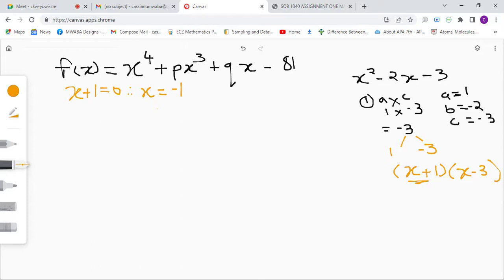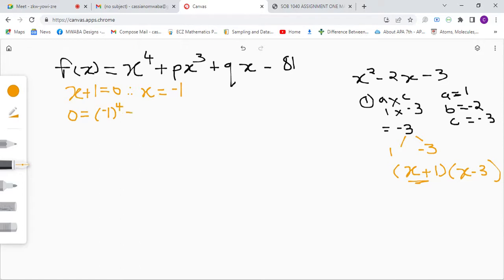So basically what we're saying is that when we substitute x for negative 1 into this polynomial here, we're supposed to get 0. So we're going to equate f of x to 0. We're going to say 0 equals, and then replace x with negative 1.